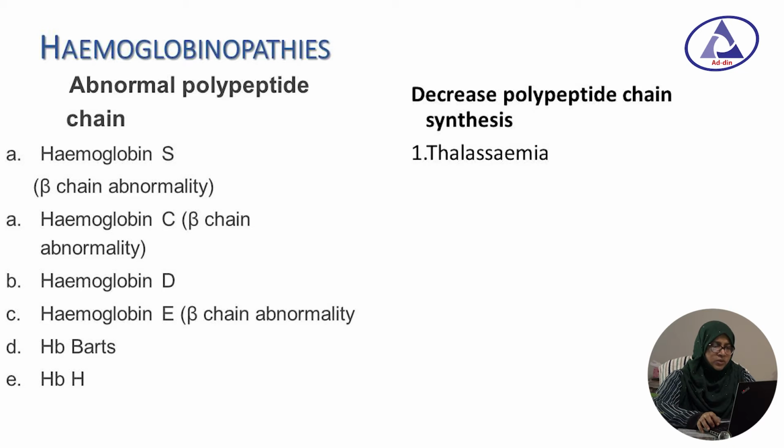Now hemoglobinopathies or abnormal hemoglobins. Abnormality can occur in polypeptide chains or as decreased polypeptide chain synthesis. Abnormal polypeptide chains are hemoglobin S, hemoglobin C, hemoglobin D, hemoglobin E, and Bart hemoglobin and hemoglobin H. And decreased polypeptide chain synthesis is thalassemia.